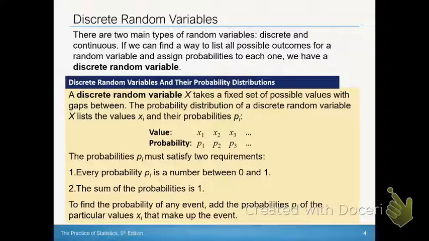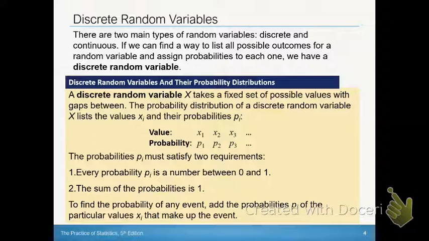That would happen maybe if I wanted to look at weights and I could weigh 150 pounds or 150.1 pounds or 150.01 pounds. And it would be impossible to list all of the possible weights because there are so many. We'll get to continuous random variables a little bit later, but for now we're working on discrete random variables.